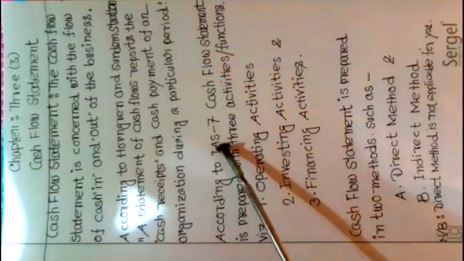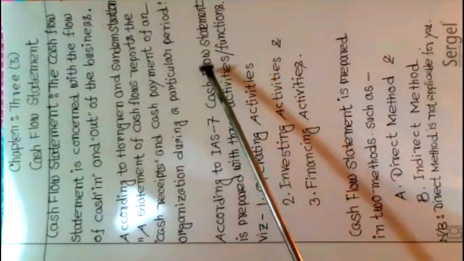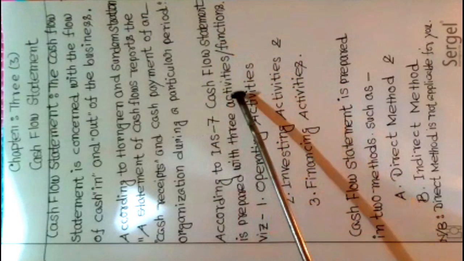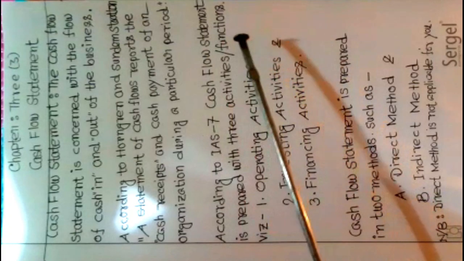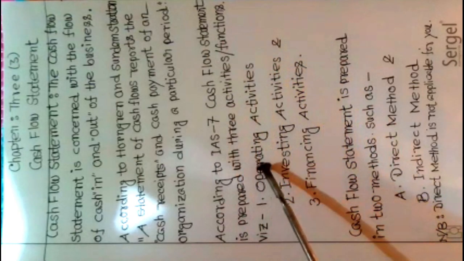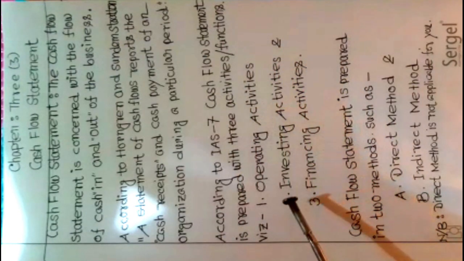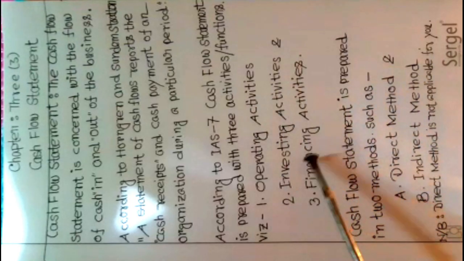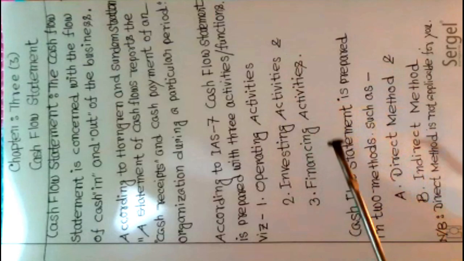According to IAS 7, cash flow statement is prepared with three activities or functions. Number 1, operating activities. Number 2, investing activities. And number 3, financing activities.